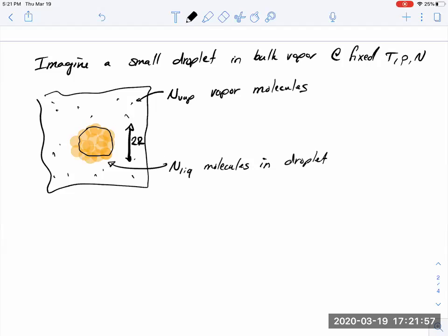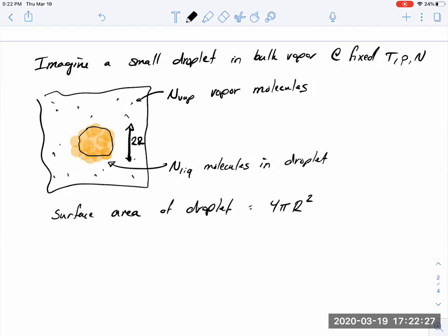So this droplet, we've drawn it, at least it's spherical, and so we know what the surface area of that droplet is. Well, that surface area is equal to the area of a sphere. It's 4 pi. We gave a radius to our droplet as r, so 4 pi r squared.